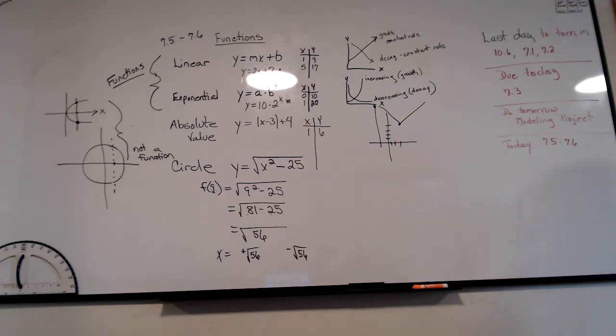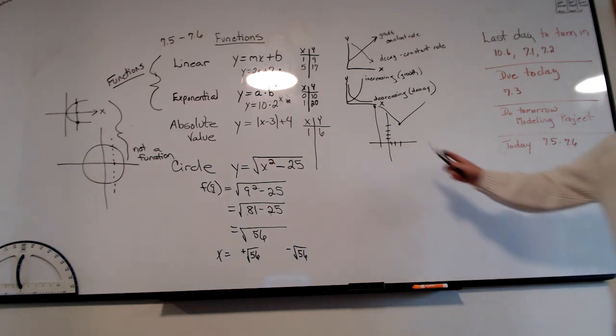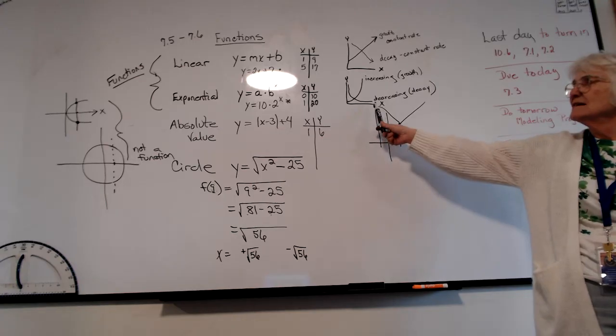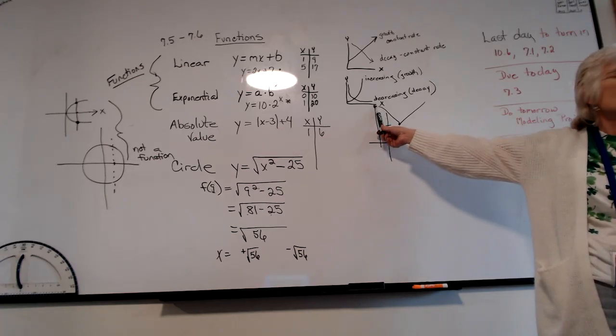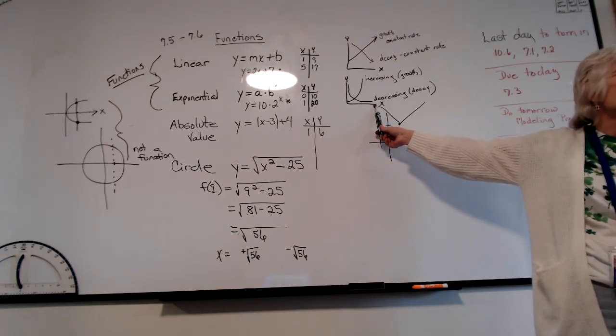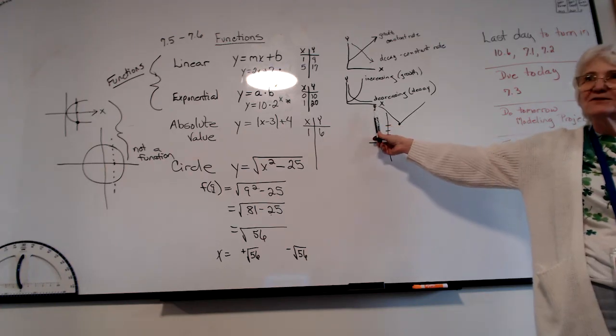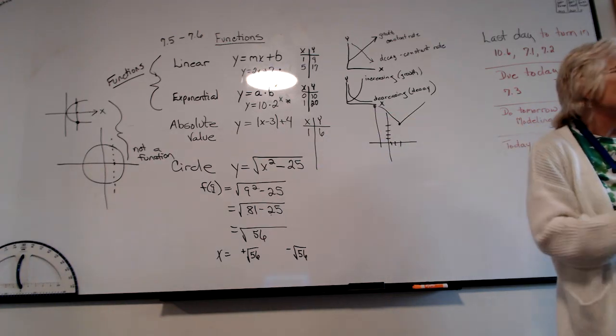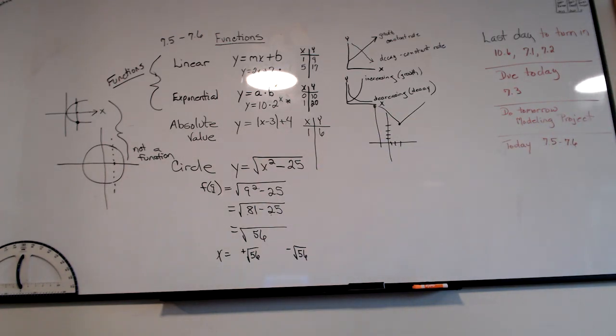So it is a function, because remember, you only get one output for every input. The way you can check that on a graph is just check. Here's x. How many points do I have that goes with that x? If there's more than 1 point, it's not a function. So that's why some things like that are not functions.